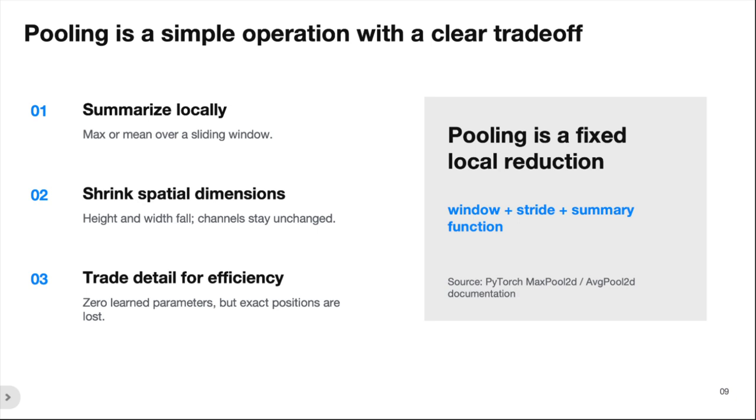Its benefits are lower computation, faster receptive field growth, and some tolerance to small local shifts. It costs some spatial details. That trade-off is the main reason pooling is useful, and also why modern architectures sometimes replace it with learned downsampling.